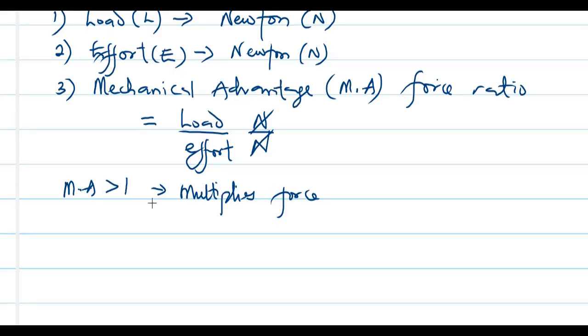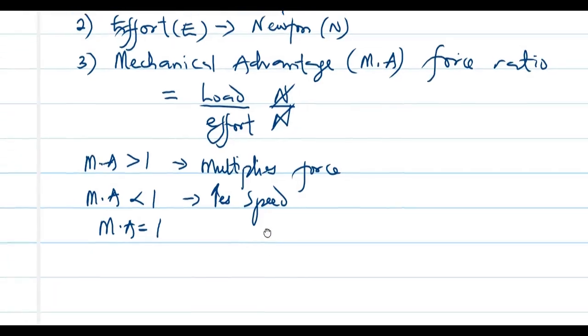So if MA is greater than 1, the implication is that the machine has multiplied force. Then if mechanical advantage is less than 1, it shows that the machine increases speed. Speed is increased. But if mechanical advantage is equal to 1, it shows that the machine changes the direction of force.